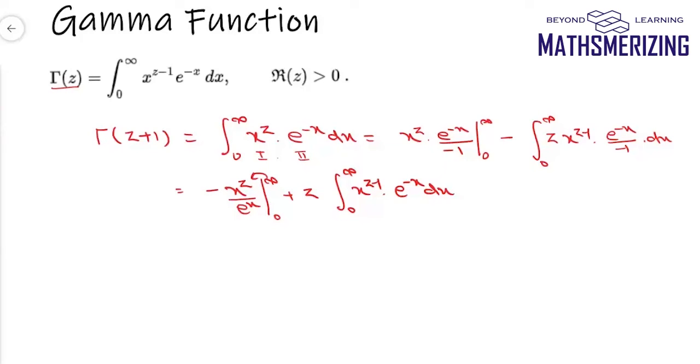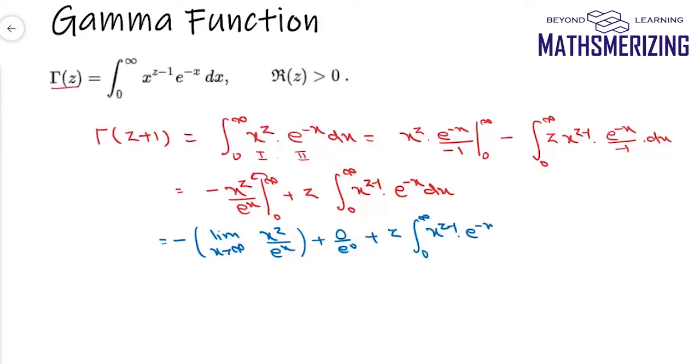So if I put plus infinity, then I can write it as limit x tends to infinity of x to the power z upon e to the power x, and then minus and minus will be plus, and there'll be 0 upon e to the power 0, and here I can write it as z into integral of 0 to infinity of x to the power z minus 1 e to the power minus x into dx. Now from the concept used in limits, we know that the value of this limit is simply 0. So simply what I'll get is 0 plus 0.